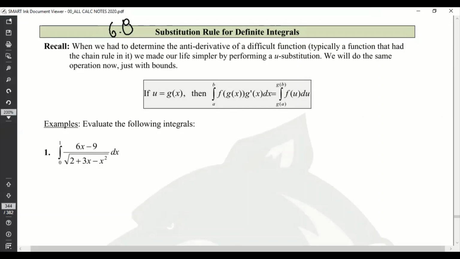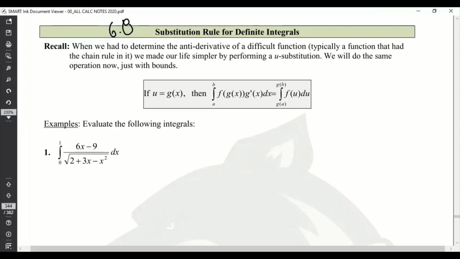Remember that when we were doing some substitutions earlier, we had to think about this function, and we're going to call it u. Usually we call it u, and what's happening here is we're undoing the chain rule. So when we've got some composite functions going on, the inner function is what we're going to call u.